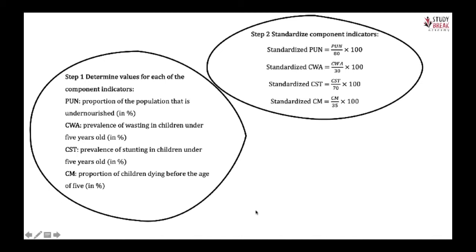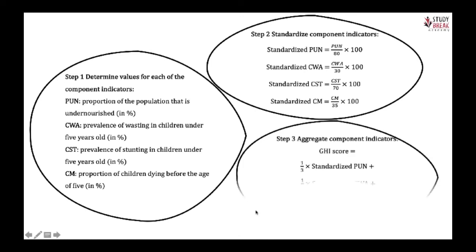Say it's 80%. Then they take this year, so we are calculating for 2021. Say for 2021 they face 40% undernourishment, so the standardized PUN would be 40 by 80 into 100, which is 50%.